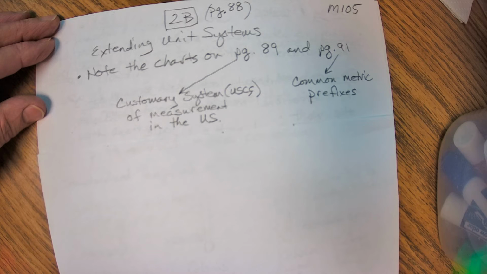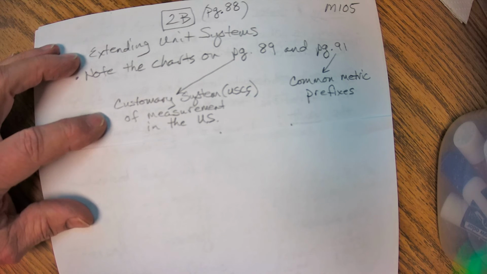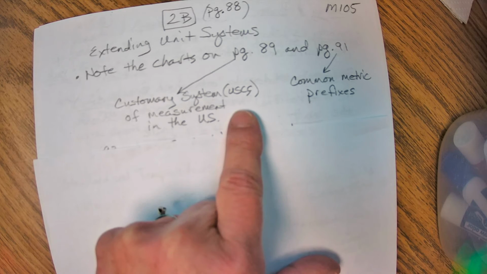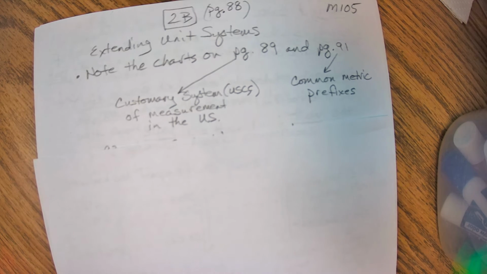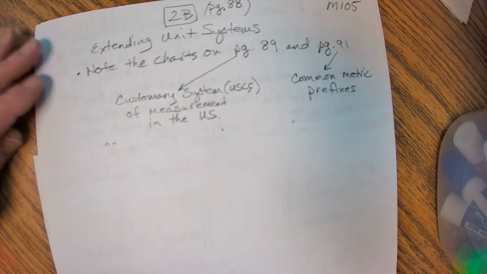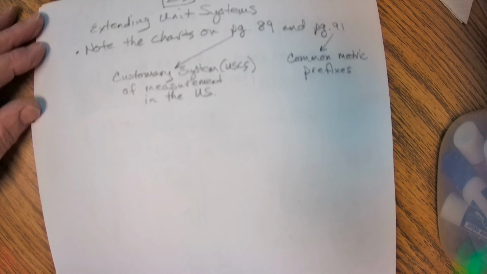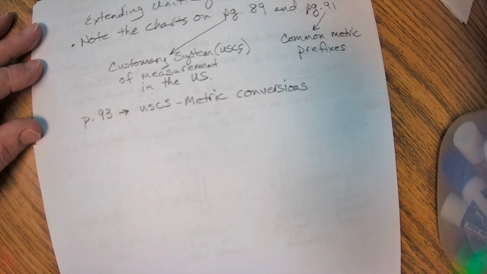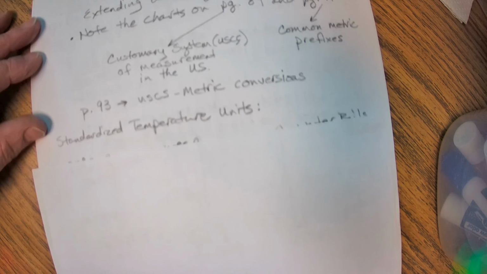On page 89 is the United States Customary System, abbreviated to USCS. Page 91 has some common metric prefixes, and page 93 is the customary system to metric conversions.